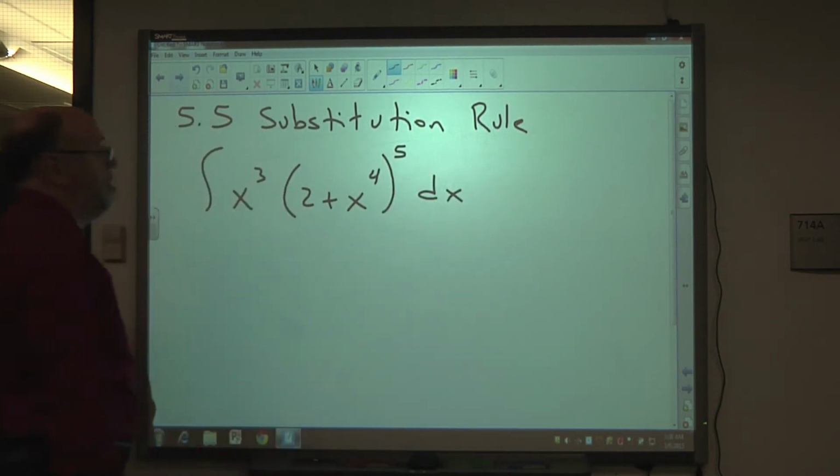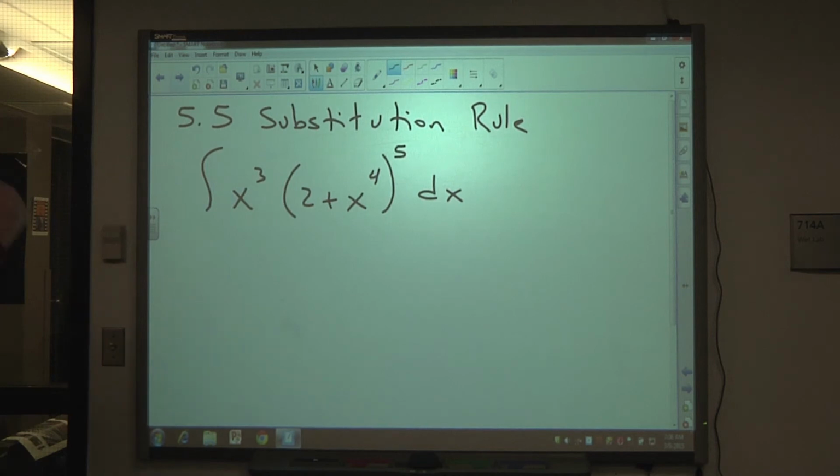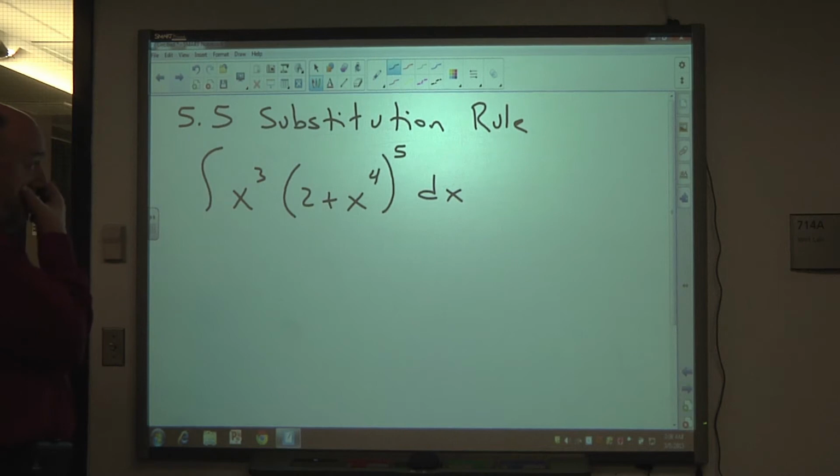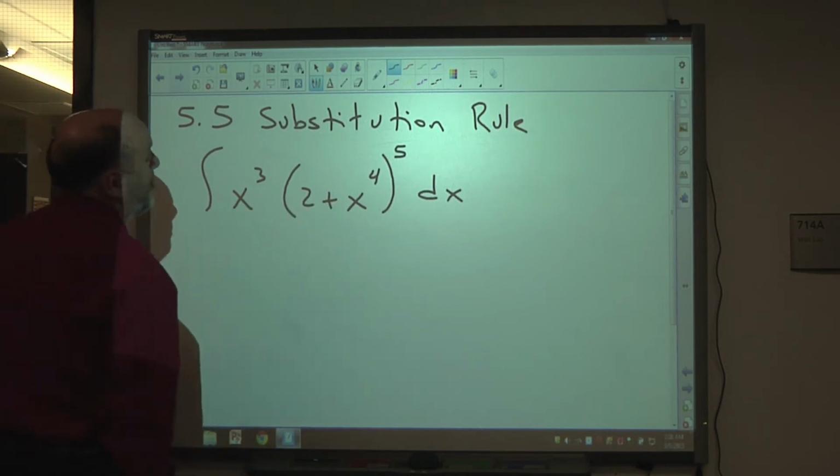Again, this is an indefinite integral, and we can tell that because there are no numbers. But I want to integrate this, and with what we know so far, I would have to expand all this out and then multiply.